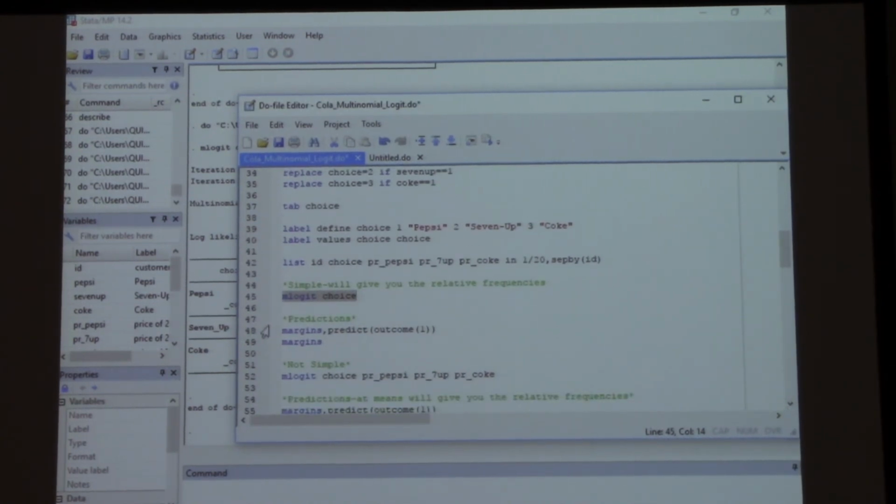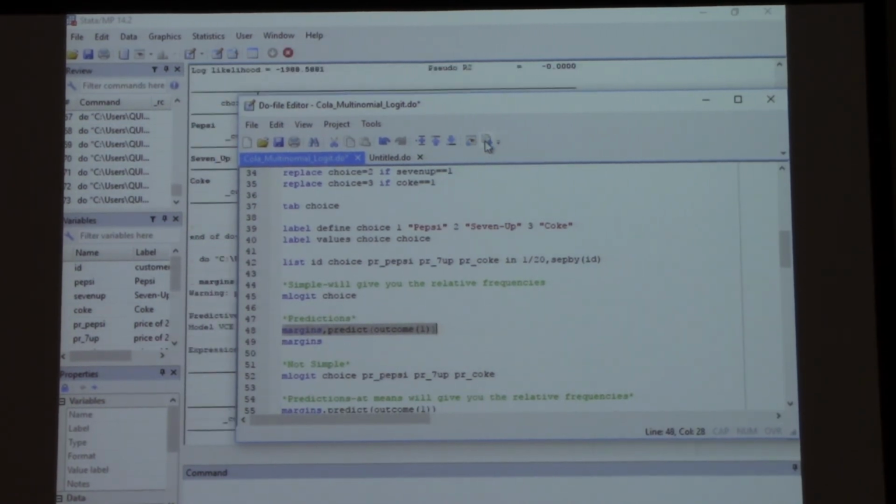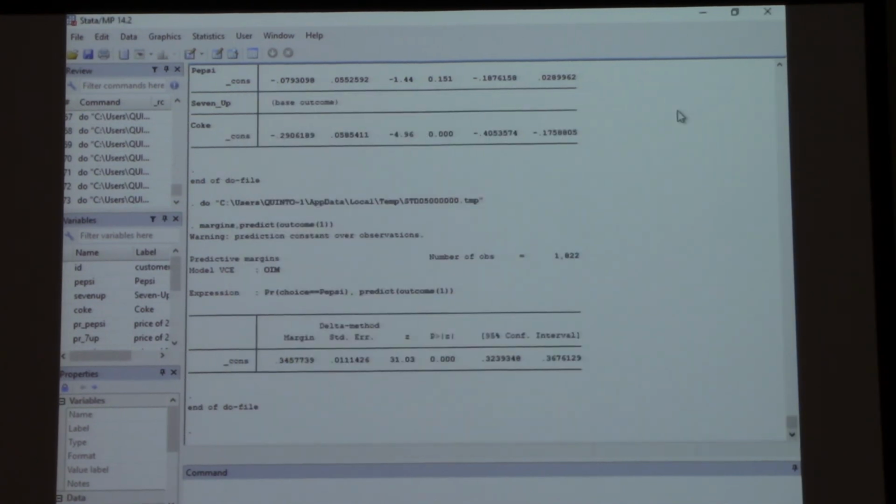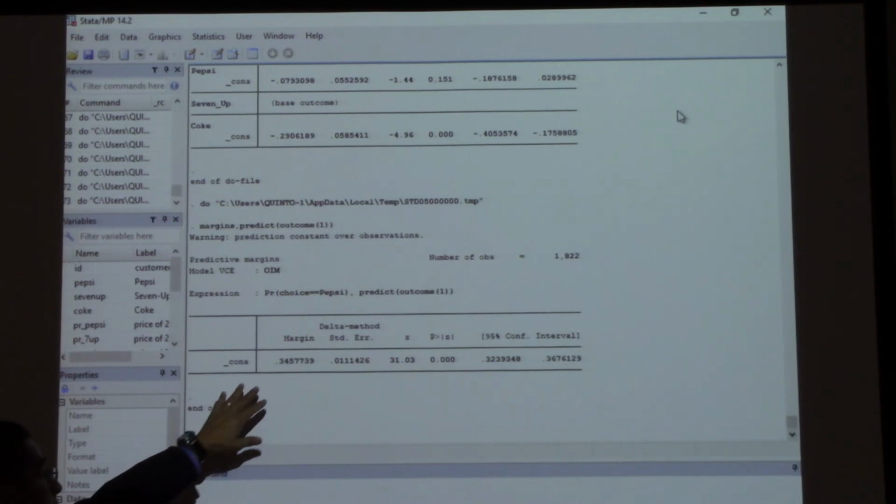This isn't all that important, but it is important to predict for specific outcomes. If we want to predict for the first outcome, which is Pepsi, we have to specify what we're predicting for. Again, these are just going to be relative frequencies, 34%.